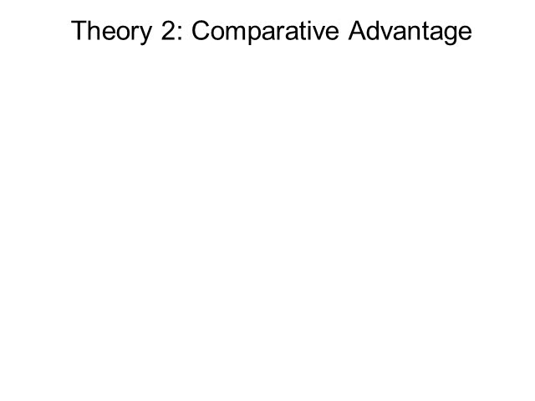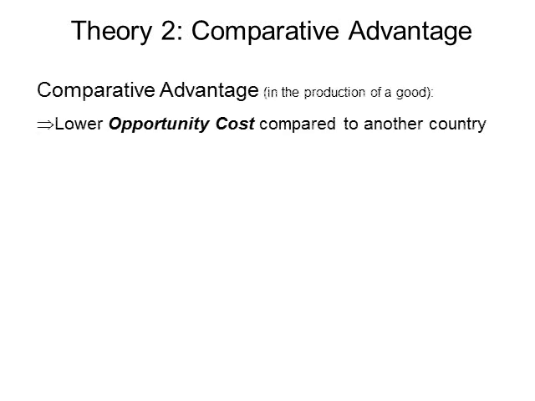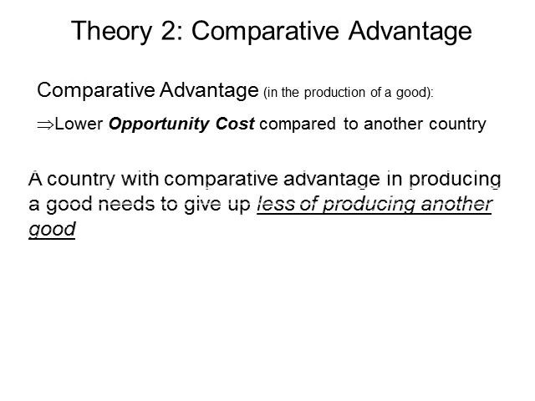Now in the theory of comparative advantage, we use another different indicator, which is opportunity cost. The theory of comparative advantage says that if you have to give up less things to produce this good, that means you have the advantage in the production of this good. Okay, so the measurement becomes different.